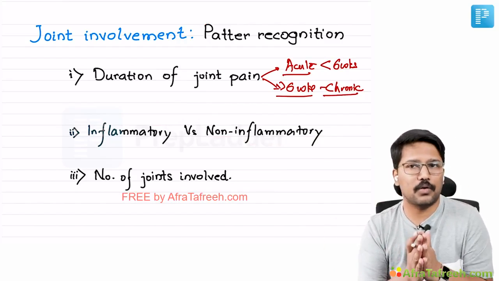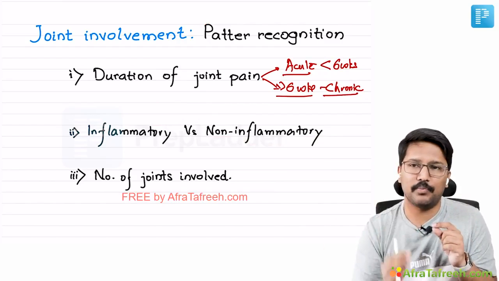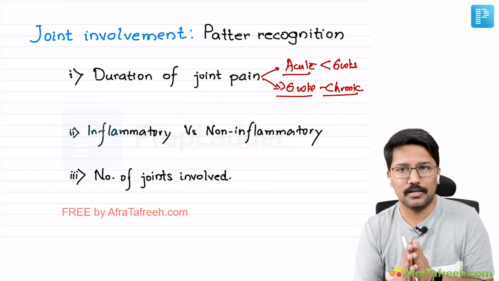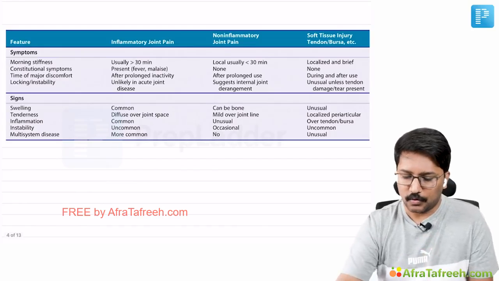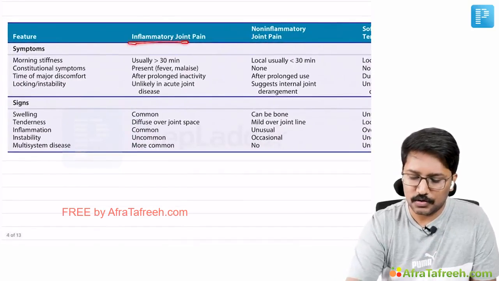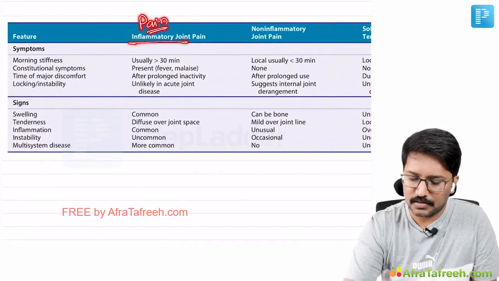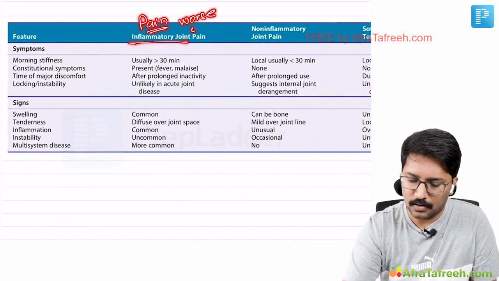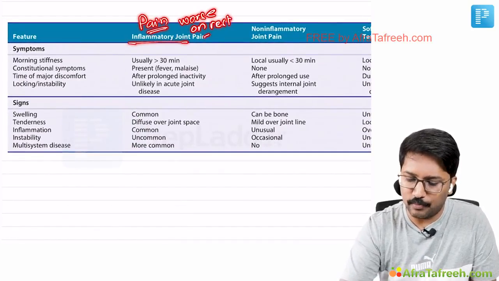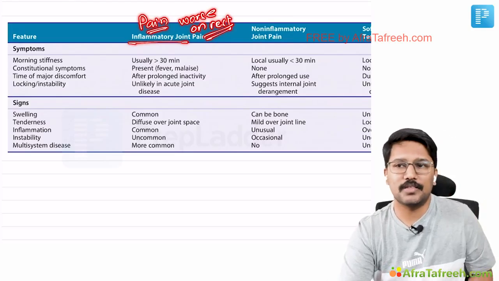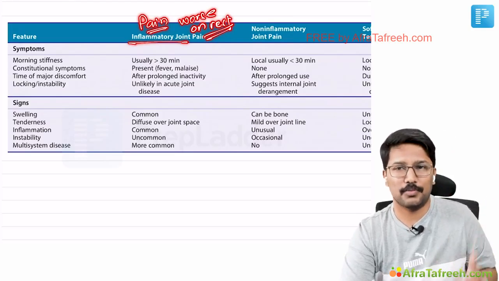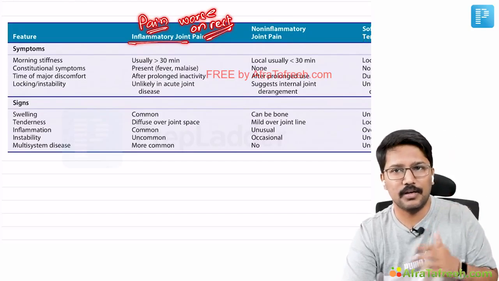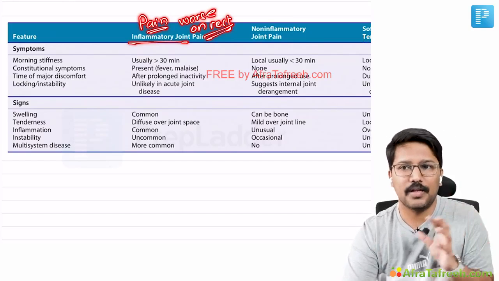For that, mainly we are concentrating on two things: pain as the complaint, and the second thing is early morning stiffness. Okay, so patients with inflammatory joint disorders usually have pain which is worse on rest, and movement gives them a little bit of ease, right? So patients with rheumatoid arthritis usually have rest pain, and when they are moving around, the pain is slightly better.